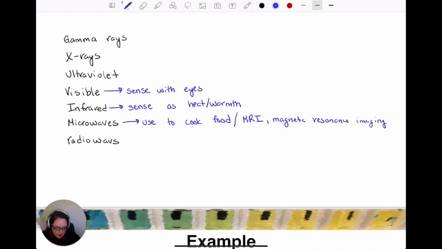And then radio waves are these really long waves. They have wavelengths that are meters long, and they're just all around us. Every radio station is emitting these radio waves, and we can use those for information transfer.